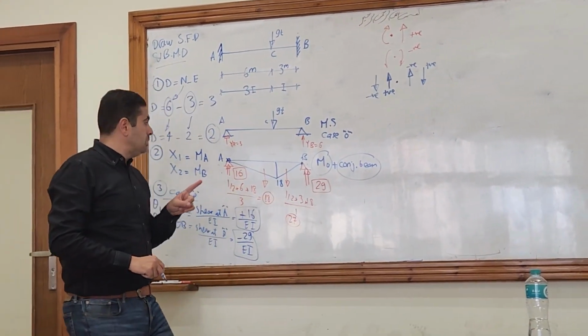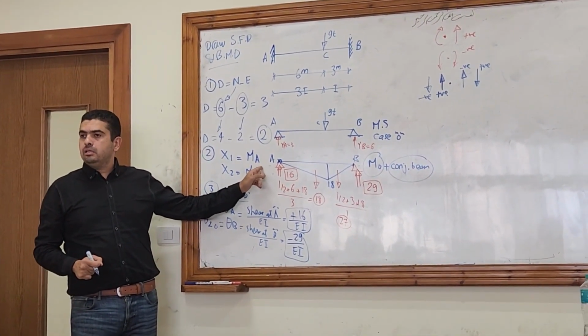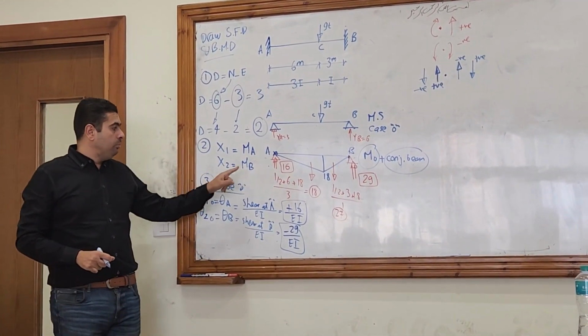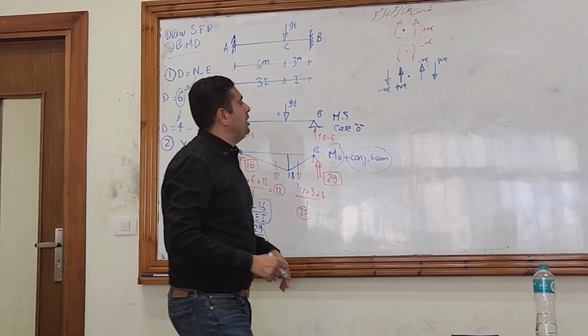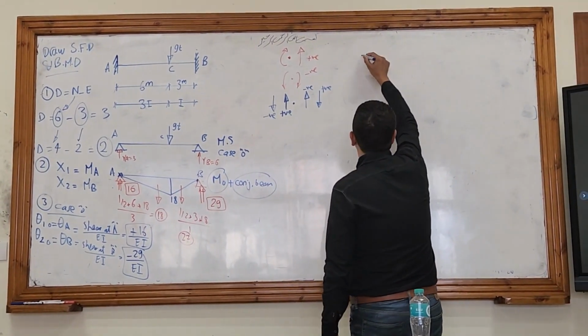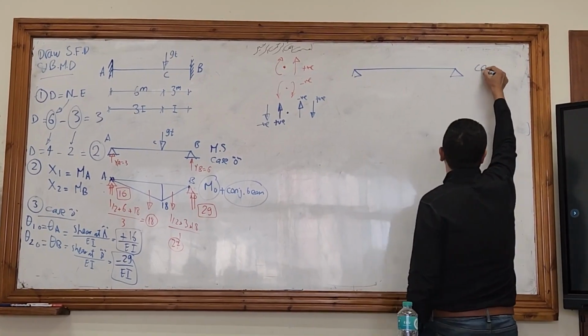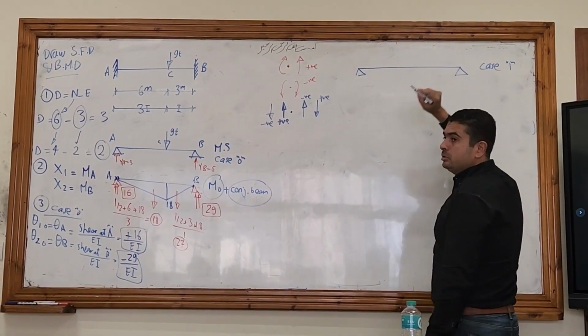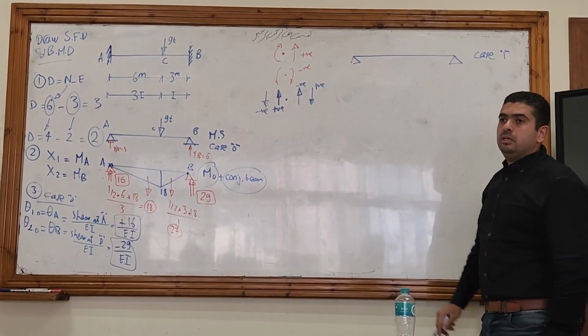Case 1, so it's related to MA, and case 2 will be related to MB. Okay? So case 1, the same main system, I will name it case 1, but without loads, no 9 tons.